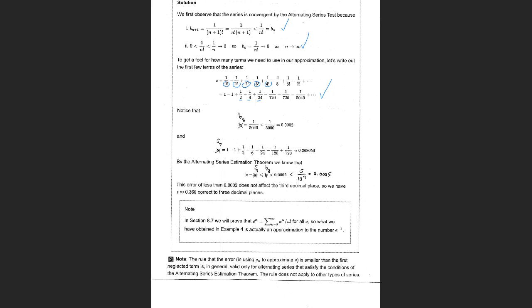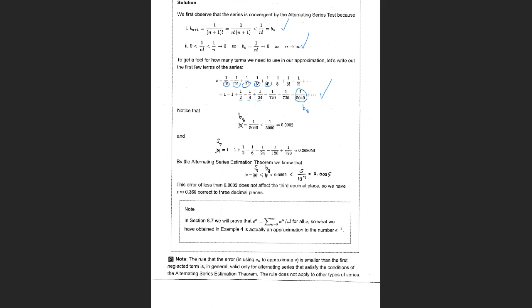How many terms of the series are we going to need to get our estimate to be correct to 3 decimal places? Well, what they comment on is that this term here, I mean, it's negative, but the 1 over 5,040 is b sub 8. Now, in the book, they call that b sub 7.